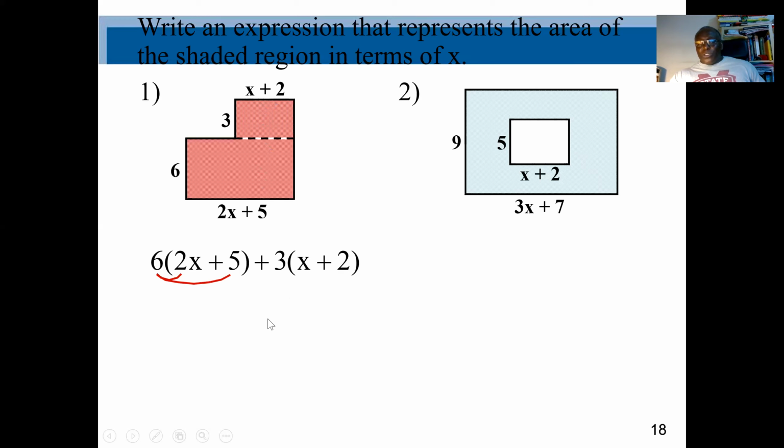So our final solution will be 6 times 2x is 12x, 6 times 5 is 30, plus 3 times x is 3x, and 3 times 2 is 6. Then we combine the like terms. 12x plus 3x gives me 15x. Then 30 plus 6 gives me plus 36.